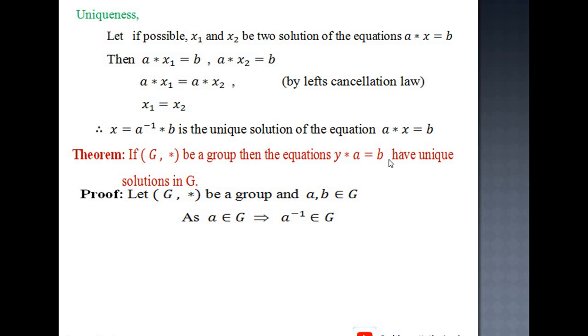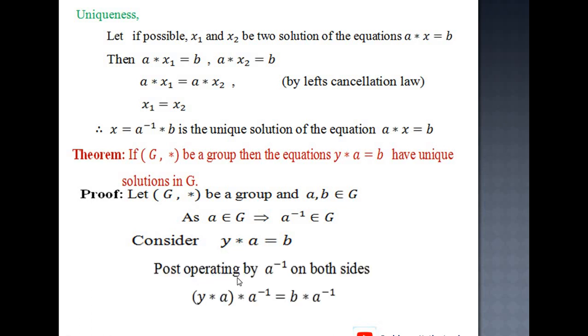To find the solution of the equation Y star A equal to B, consider the equation Y star A equal to B. To find the solution of this equation, it means we can find the value of Y. And therefore, post-operating by A inverse on both sides, (Y star A) star A inverse equal to B star A inverse.